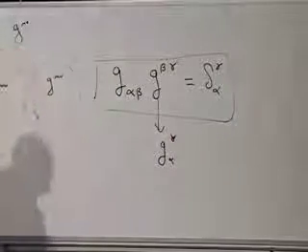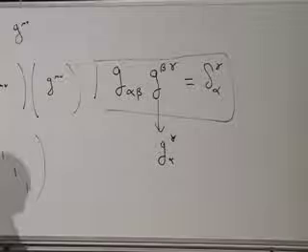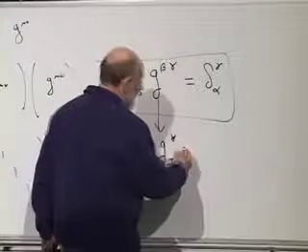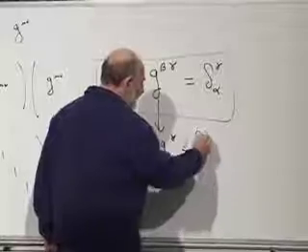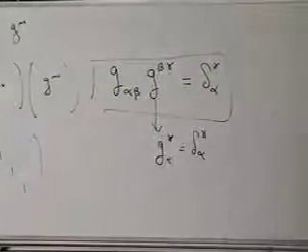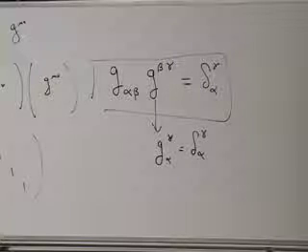So the metric tensor with one lower index and one upper index is always just delta alpha gamma. It doesn't depend on position. It's just delta alpha gamma.